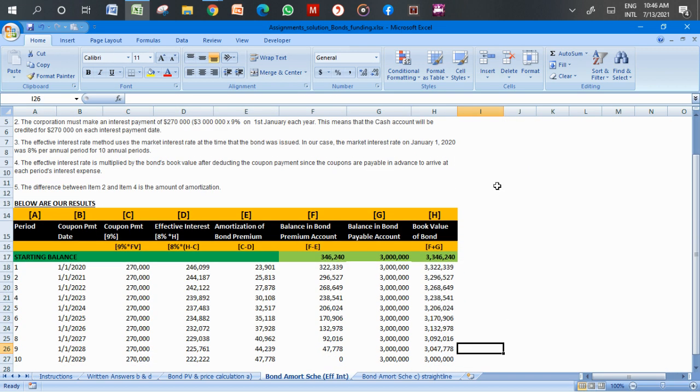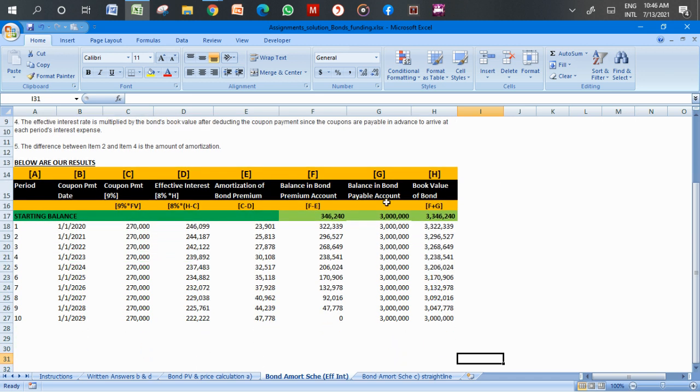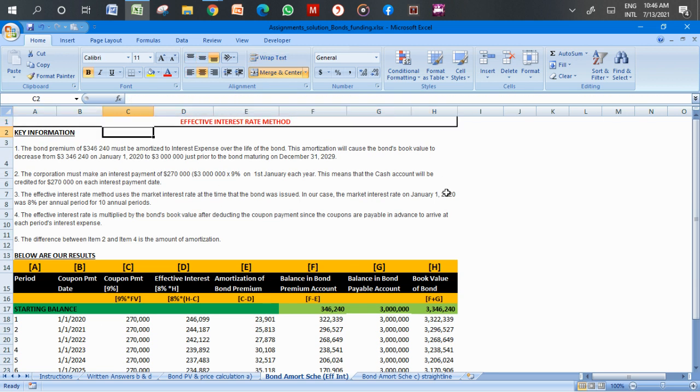Okay, so what we're trying to achieve is we have to amortize this balance in the bond premium account to 0. And when the balance in the bond premium account is 0, the book value of the bond should equal the face value, because we are going to repay 3 million after 10 years. So this is actually the criteria.